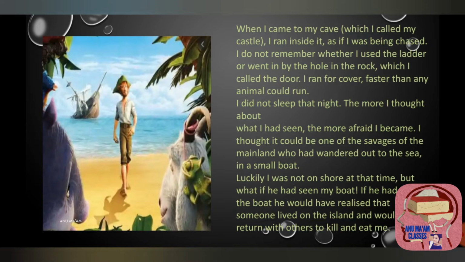He may have come again with his friends to find me, and they may have killed me and eaten me, because these were the savages who lived in the forest, children, and they are man eaters. Let's see next.